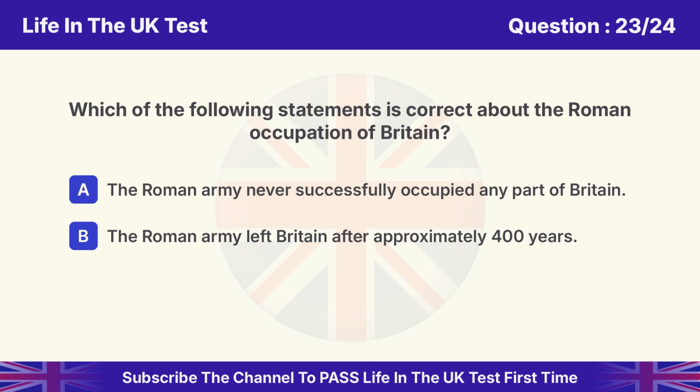Question 23. Which of the following statements is correct about the Roman occupation of Britain? Option A. The Roman army never successfully occupied any part of Britain. B. The Roman army left Britain after approximately 400 years.